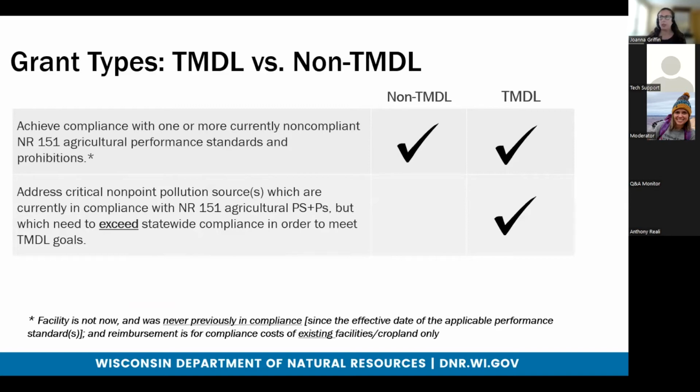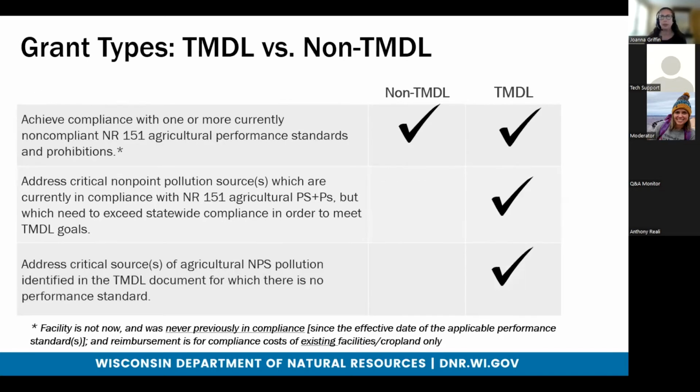So in other words, if meeting the pollutant load reductions of a TMDL means going above and beyond just implementing the performance standards, then TRM can fund this. And TMDL TRM grants can also cost share BMPs that address pollution problems for which there is no performance standard, if doing so is required for implementation of pollutant-specific TMDL goals.